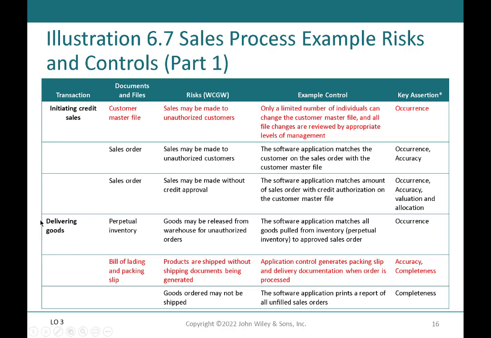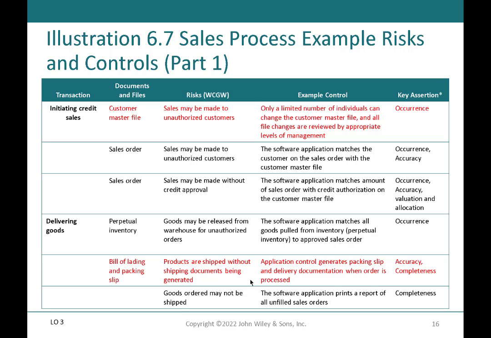In the area of delivering the goods, a number of different issues could pop up. Notice this particular one here is referring to items being shipped without the shipping documents being generated. All right, that could be problematic. We want to have that documentation in case there's any issues between us sending out our product and our customer eventually receiving it. Maybe we send out 10 units of an item.